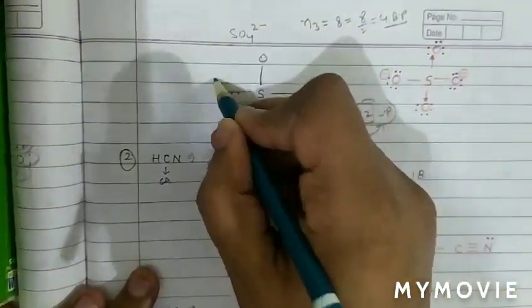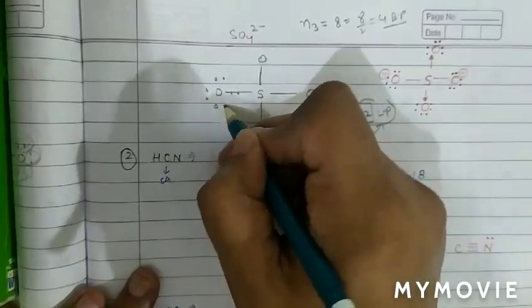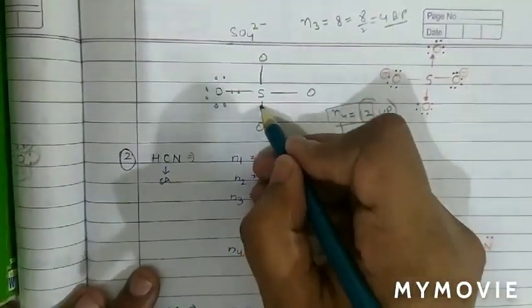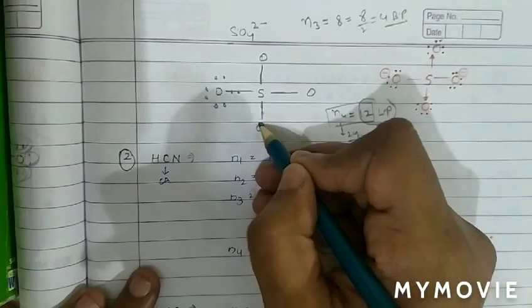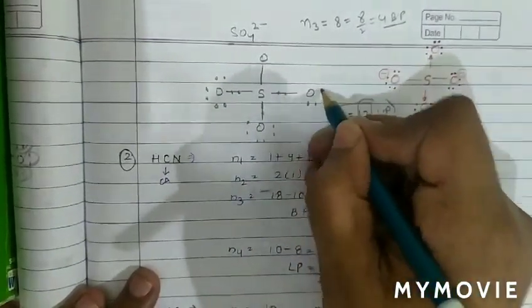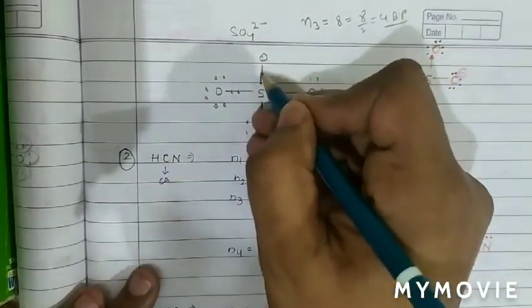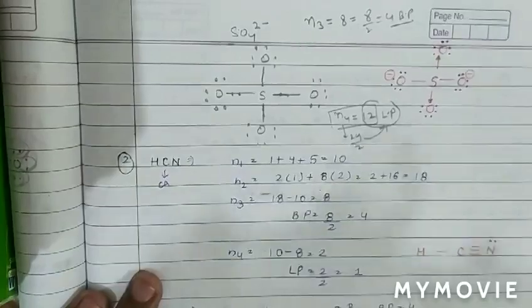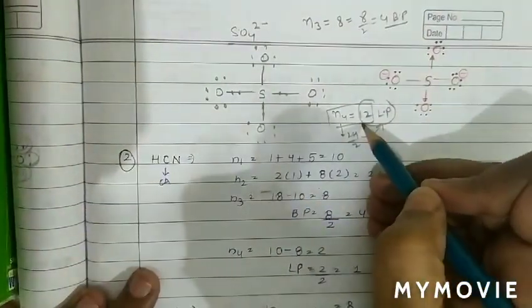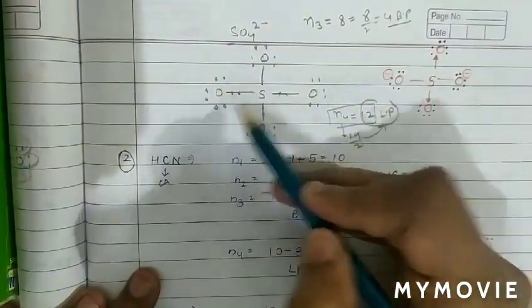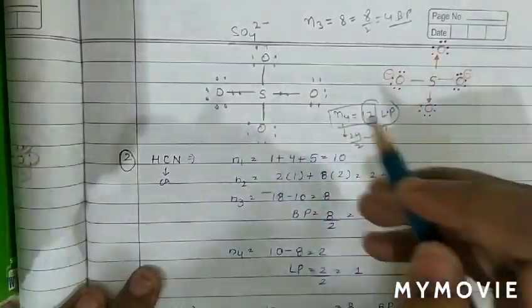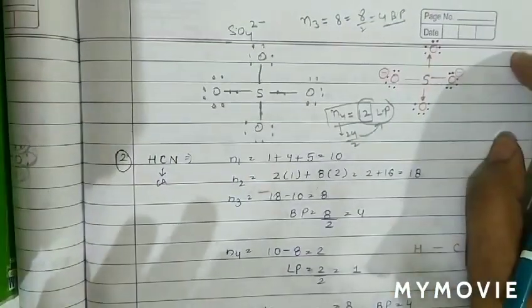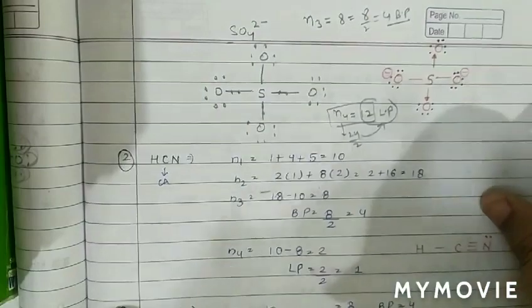As oxygen has only 2 electrons, so 1 2 3 4 5 6. Now the octet of oxygen is completed. Again, this oxygen has only 2 electrons, so 1 2 3 4 5 6, complete. Again this has 2 electrons, so 1 2 3 4 5 6, octet completed. As we have how many? 12 lone pairs, so 3, 3, 3, 3, 4 threes are 12. We have distributed the 12 lone pairs of electrons.